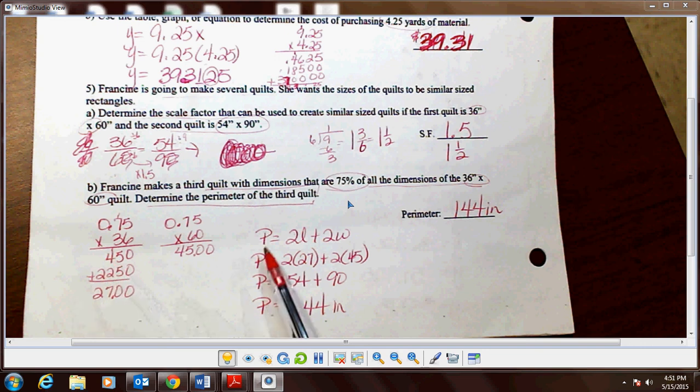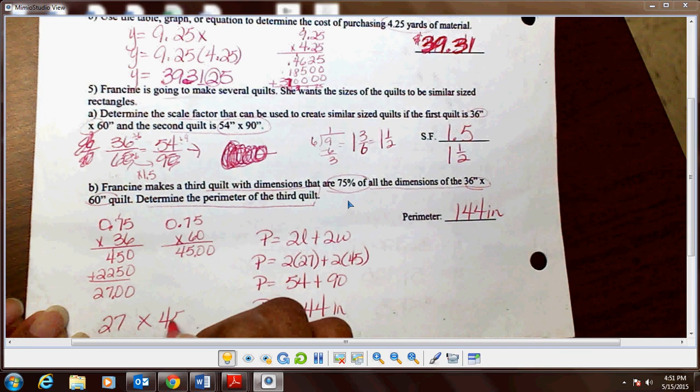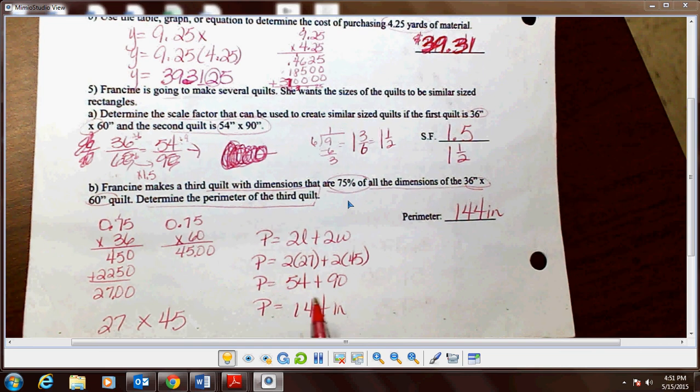And I took my 60 and multiplied it by the decimal for 75%. This gives me my new dimensions. So my new dimensions are now 27 by 45. So those are the numbers that I plugged in to get my perimeter. Since perimeter is 2 times length plus 2 times width, plug the numbers into the formula and solve.